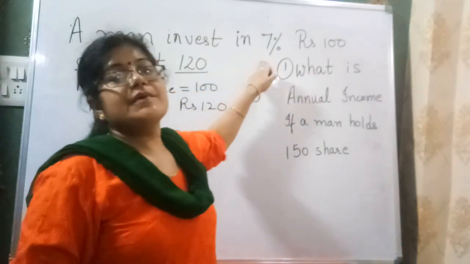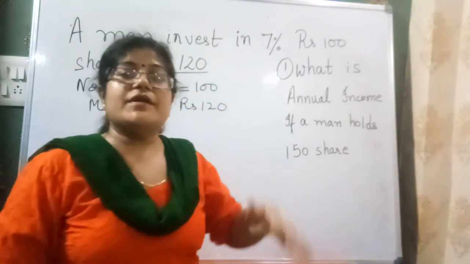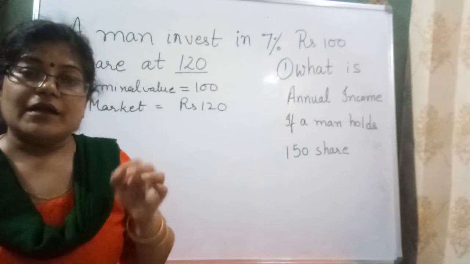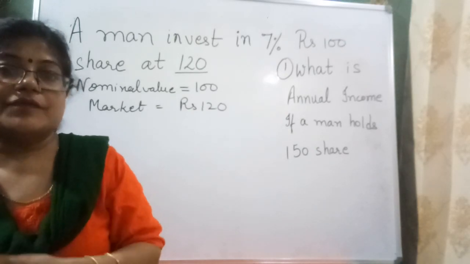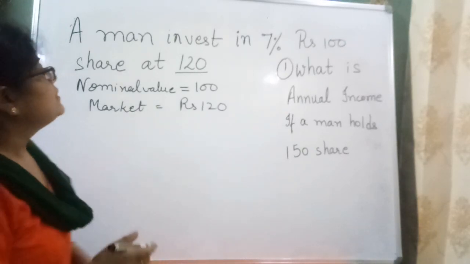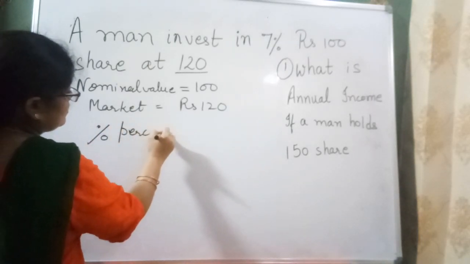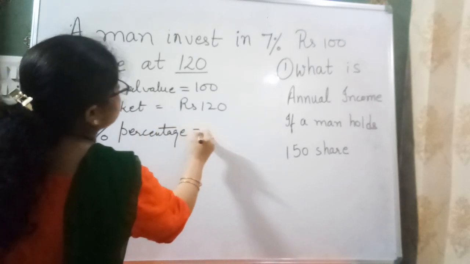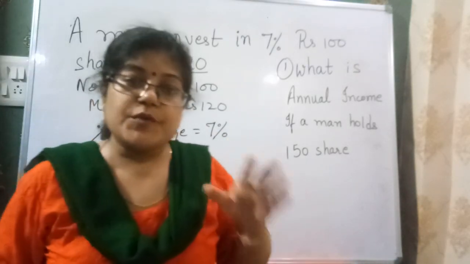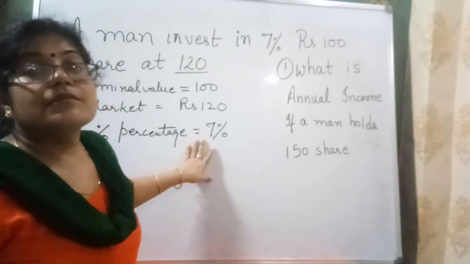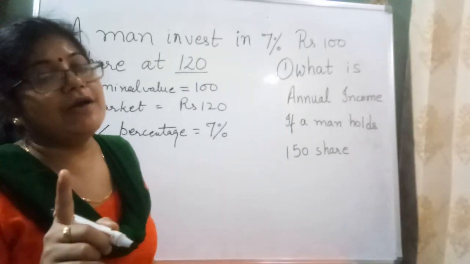Then what is the 7% which is written over here in our question? This 7% is the dividend, the percentage of dividend announced by the company for the shareholders, because they are holding the shares of that company. Clear? That means the percentage of dividend is 7%. And the company gives profit according to the price of the nominal value of the share.